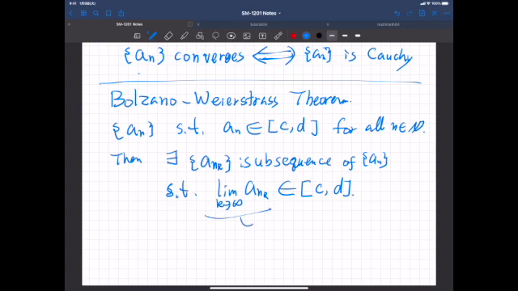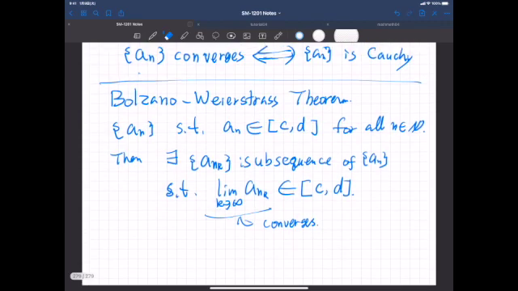I mean, we have to say this converges, and the limit exists within this closed interval. The proof of this is not beyond the scope of this lecture, but it's quite tedious, so I just skip it. If you're interested, please find it somewhere. This is a very famous theorem, so I think you can find the proof somewhere.